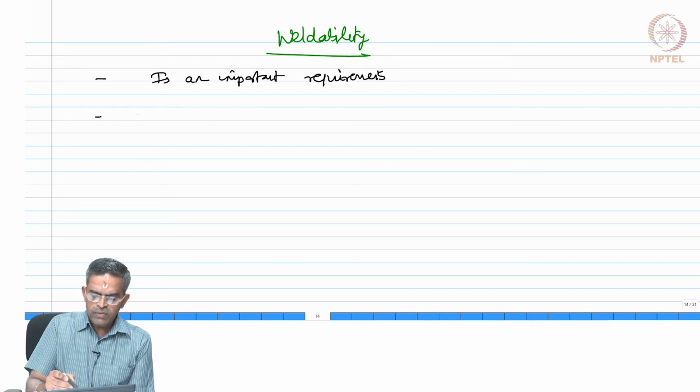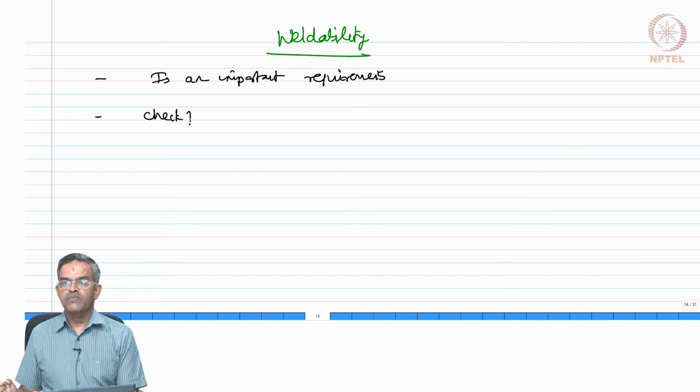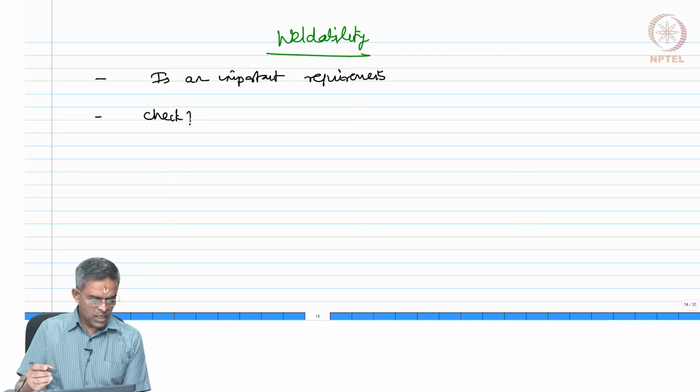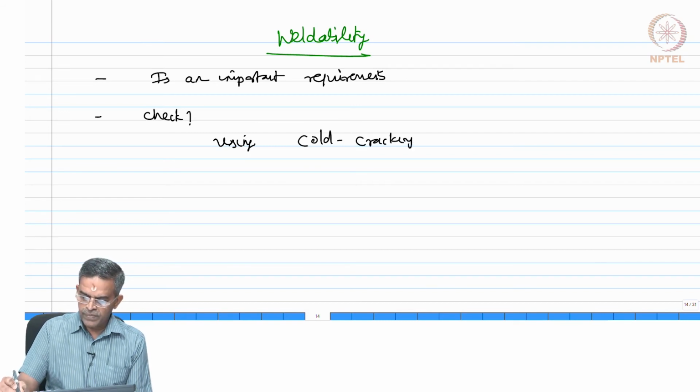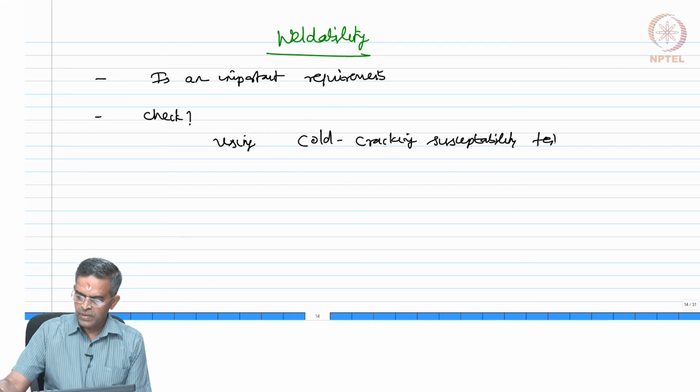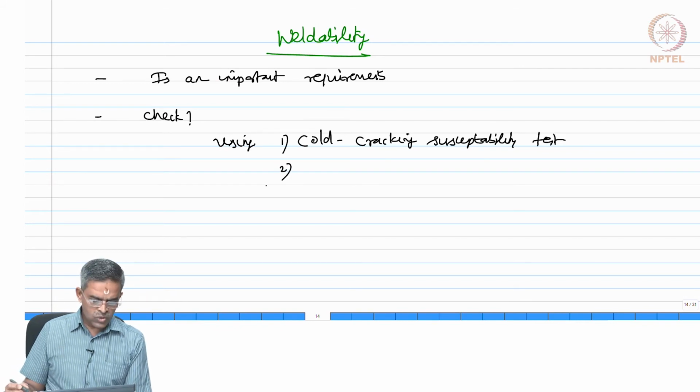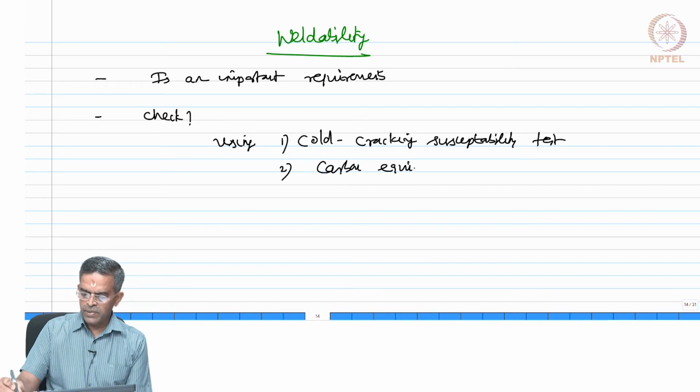Now, how can you compute weldability? How can you check whether the steel is weldable or not? This can be checked using a cold cracking susceptibility test. You can also do this by estimating the carbon equivalency.